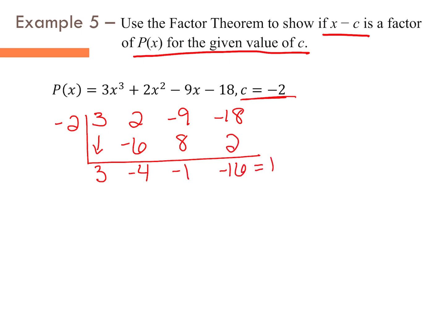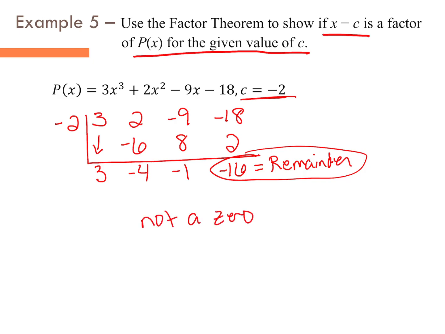So this is my remainder. To be a 0, that has to be 0. Since I got negative 16, then this is not a 0. Negative 2 is not a 0. To be a 0, I would need to get 0 right there. So there'll be yes, no questions.